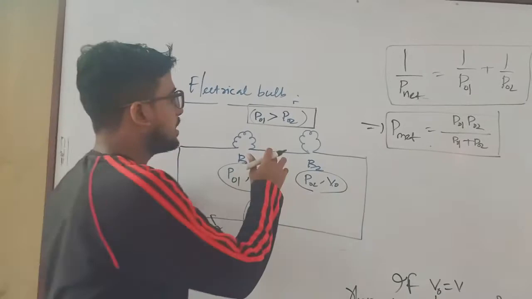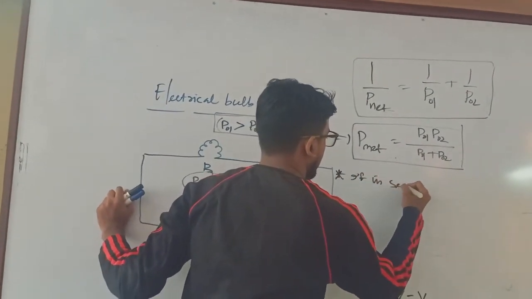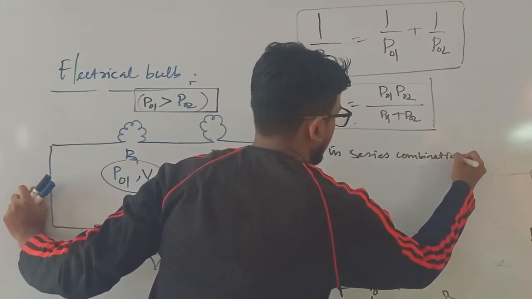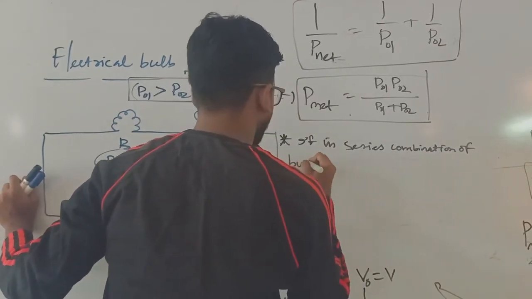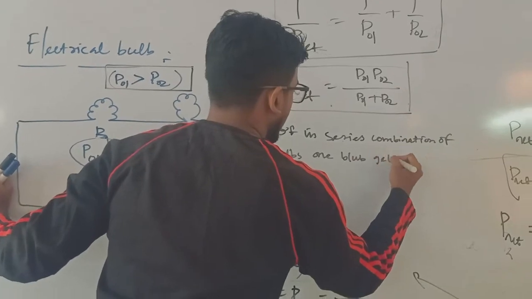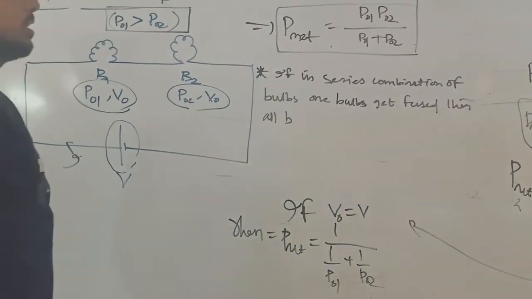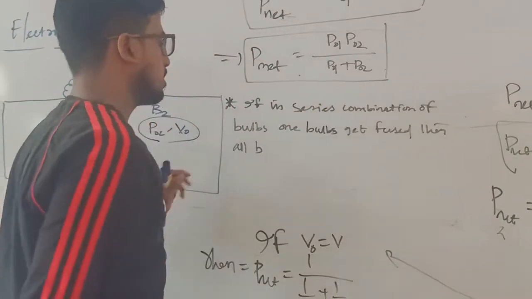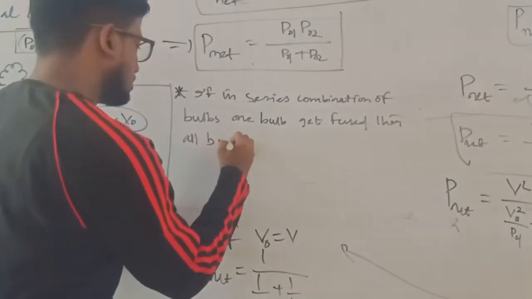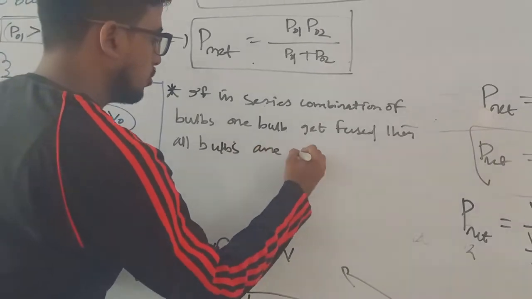So if in a series combination of bulbs one bulb gets fused, then all bulbs are out of order.